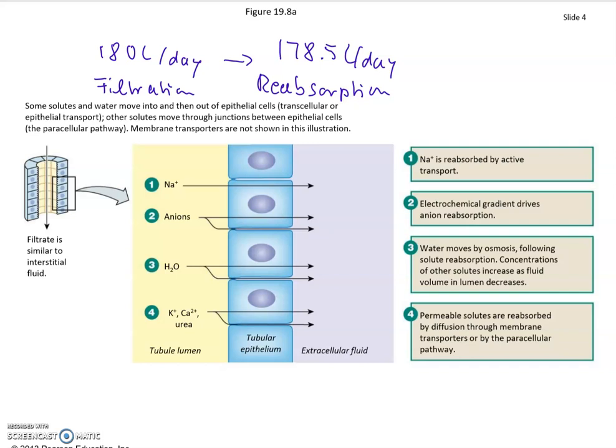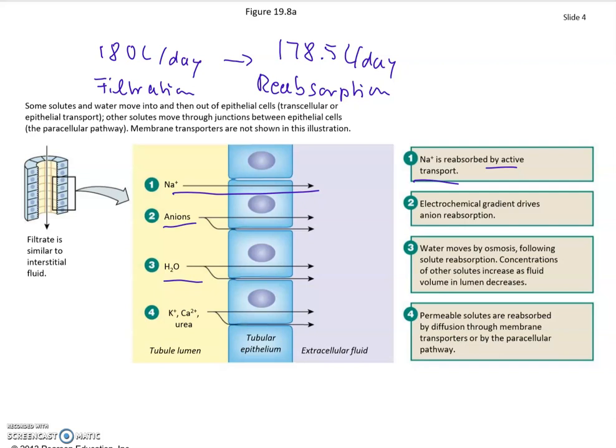Then for anions, we usually employ an electrochemical gradient that drives anion reabsorption, so that takes care of the negatively charged particles. Water reabsorption: a lot of the water follows the salt, so by osmosis.